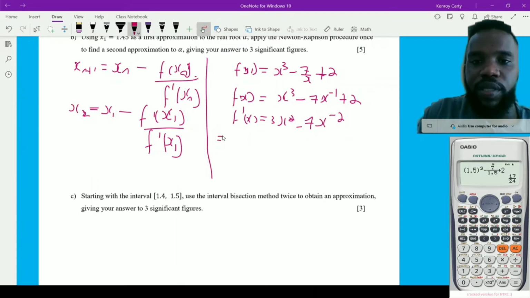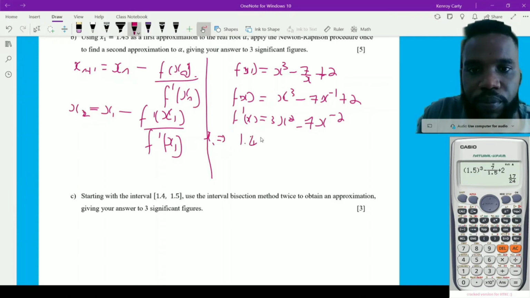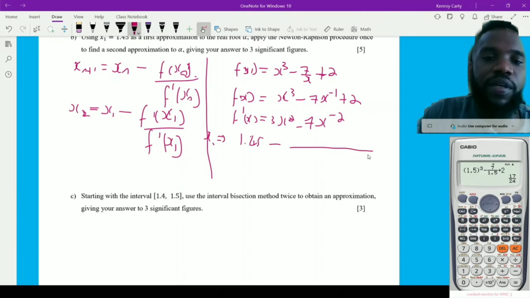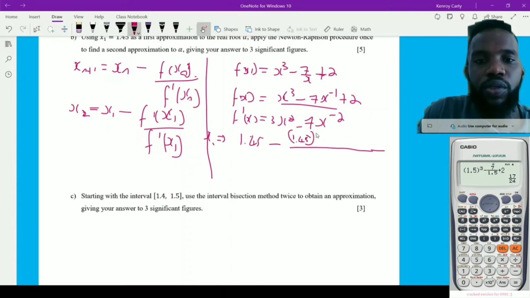So let's see what happens here now. I'm going to plug it in, so let me say x2 equal 1.45 minus, and it says f of x over f prime of x. So f of x, all you're going to do is replace x in this with 1.45, so I'm going to have 1.45 cubed minus 7 over 1.45 plus 2.